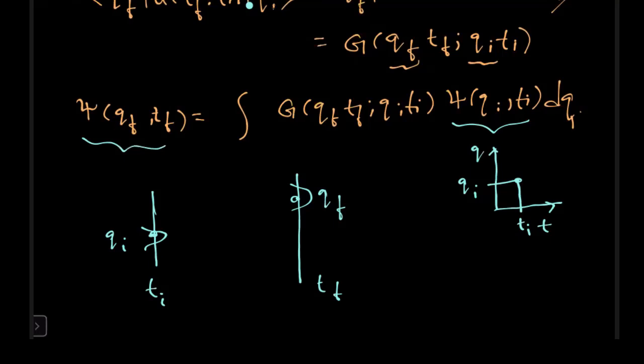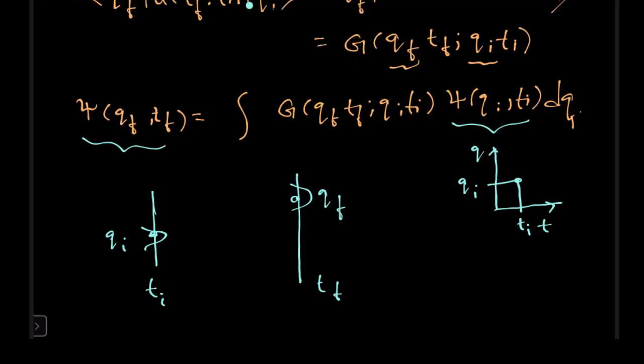The way you go from the initial wave function to the final wave function is through a Green function, which is inside an integration. Now this integration over qi tells you that there is a sum of contributions of various amplitudes.